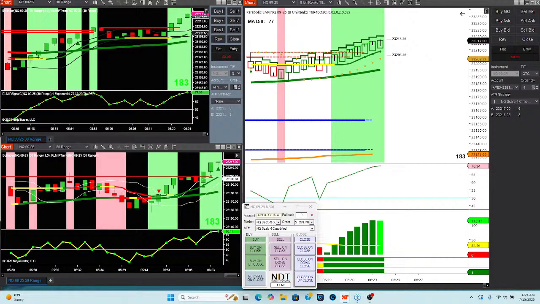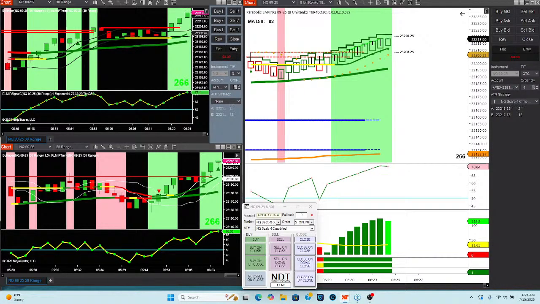Yes, the NDT and the indicators, yes. Okay. The NDT is a form of chart trading where you can create your own ATM strategies.